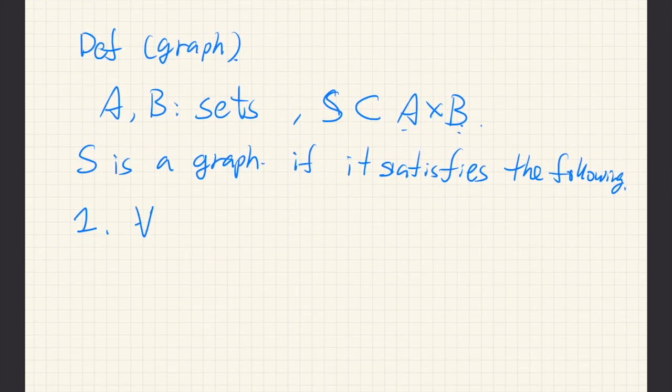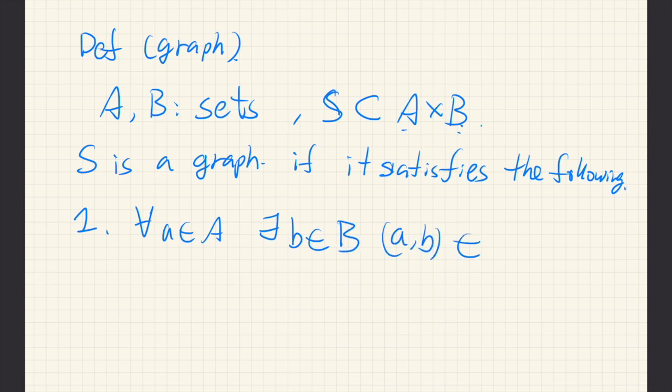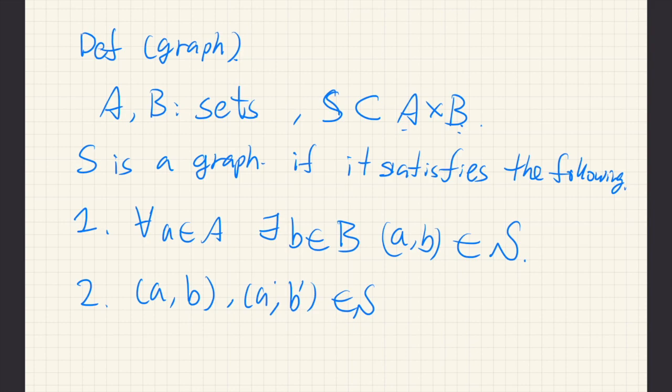One, for all A in A, there exists some element in B such that the pair (A, B) is in this subset S. And two, if there are two elements (A, B) and (A, B prime) in S, then that implies that B and B prime are equal.